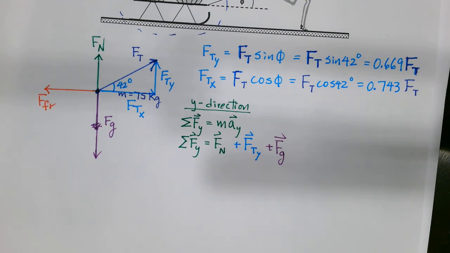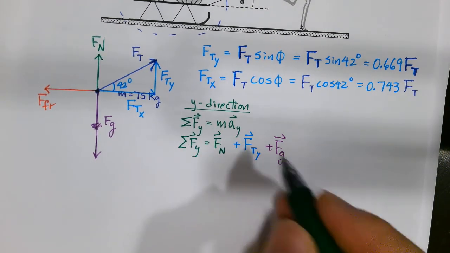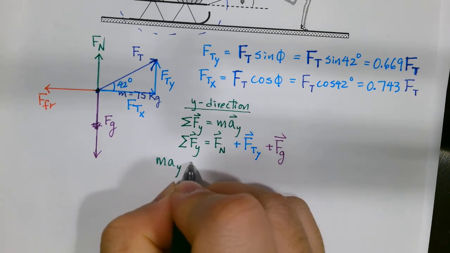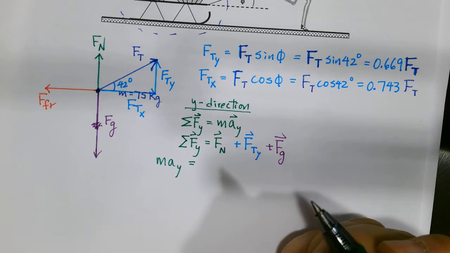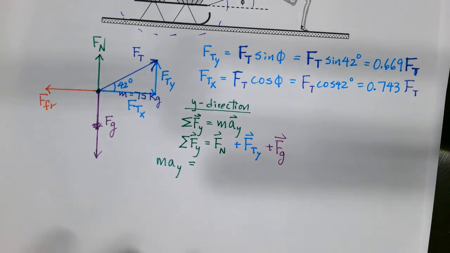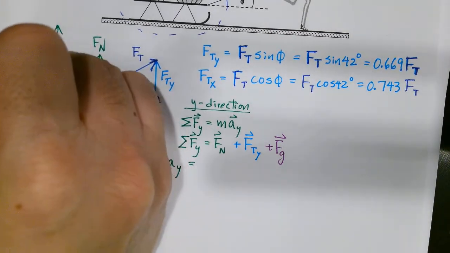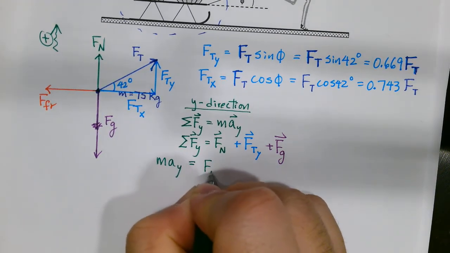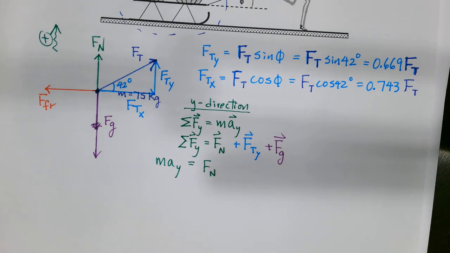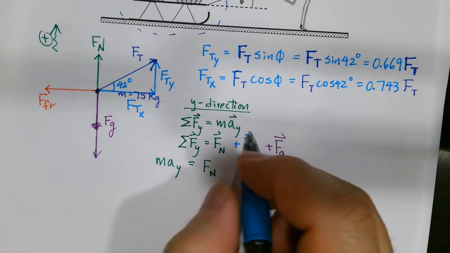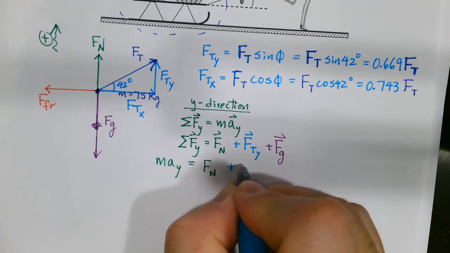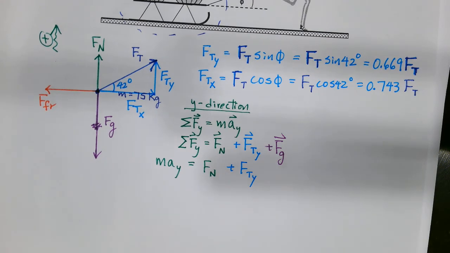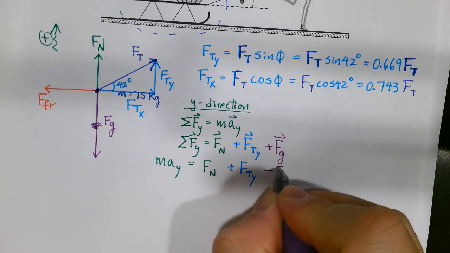So if I set these two equal to each other, m a_y is equal to F normal. I'm going to consider the up direction positive. That means going down will be negative, so F normal is positive. Then my F tension Y is also positive because it's pointing up. However, my Fg is pointing down, and that is negative.